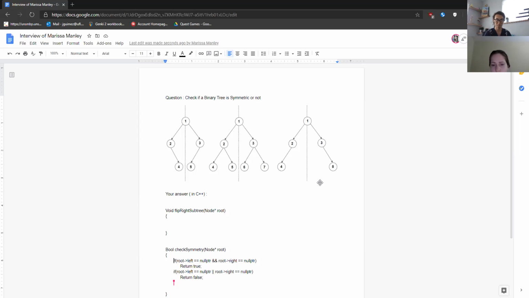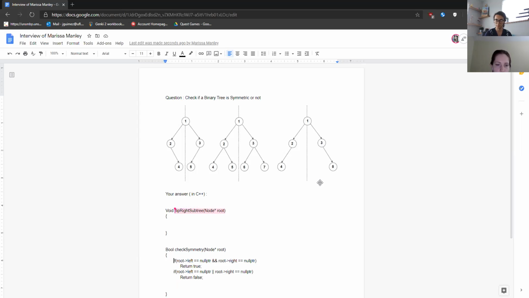Okay, so it takes in two nodes to check the, oh, symmetry. I understand. Because you end up taking two nodes in, and then if one has a left and the other one doesn't have a right, or vice versa, then you know it's false.